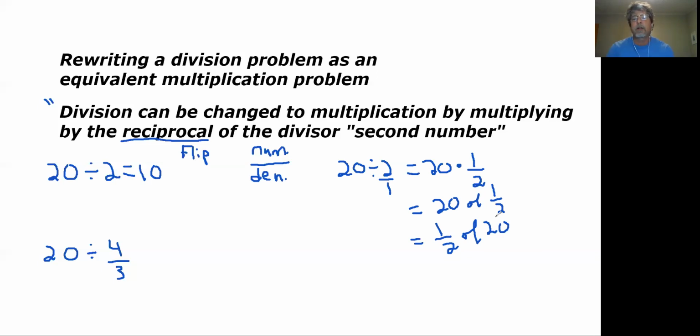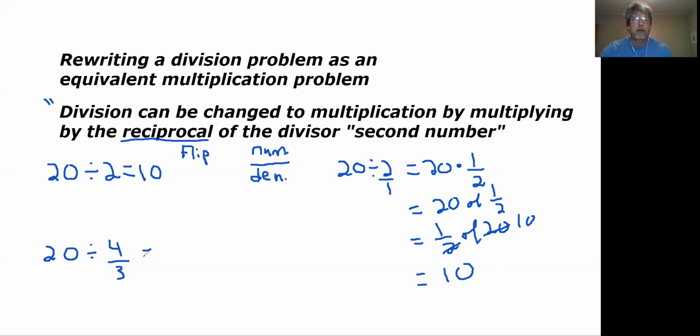So instead of saying 20 of a half, I can say half of 20. That makes better sense because half of 20 just means to divide 20 by 2. So how many 2s go into 20 would be 10, and we're only taking one of them. 1 times 10 would just be 10. So that answer becomes 10.